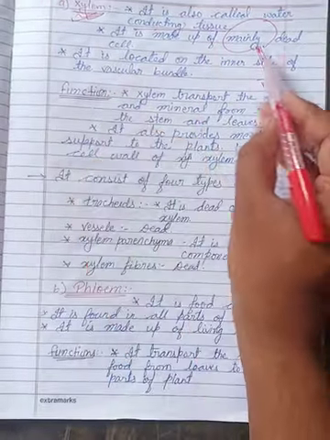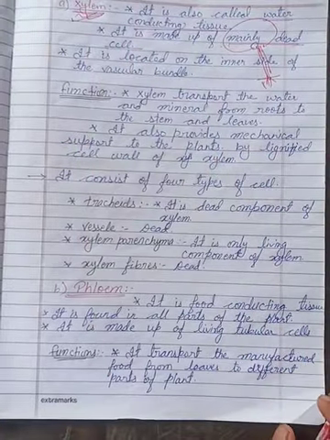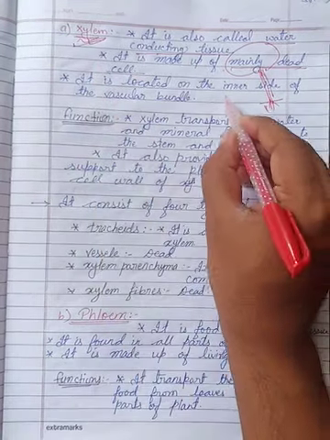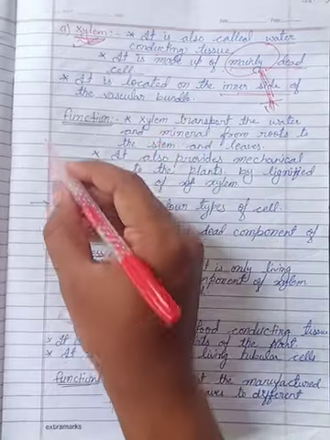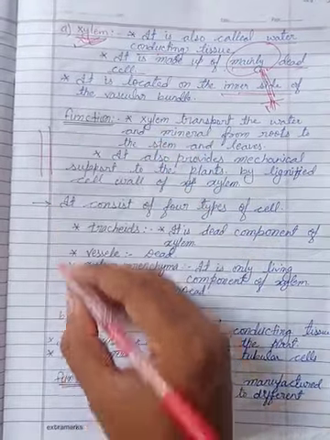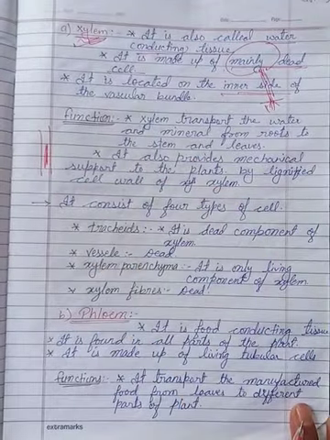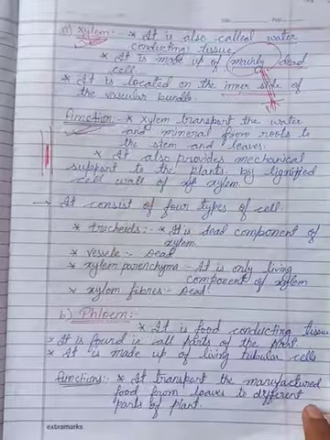It is made up of mainly dead cells. Xylem is made up of mainly dead cells. It is located on the inner side of the vascular bundle. Now take a look at the function of the xylem.